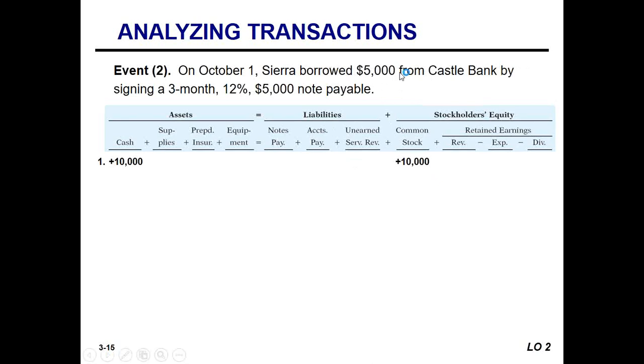So if we borrowed money, we're going to increase our cash, and we're going to increase a notes payable like this. Now, our assets are now $15,000, and on this side of the accounting equation, we have $15,000. So we're good. We're still in balance.